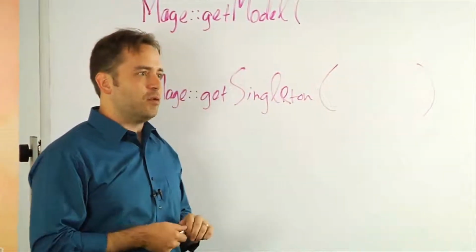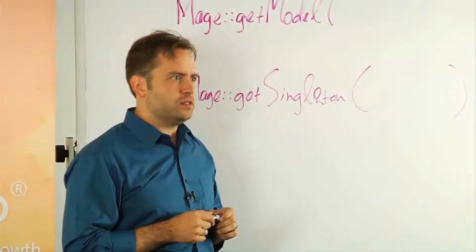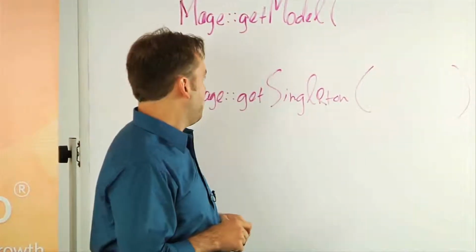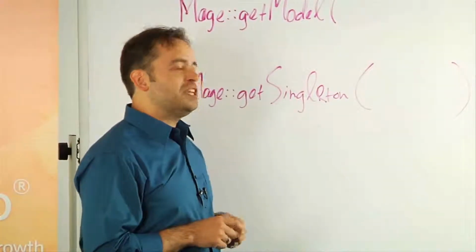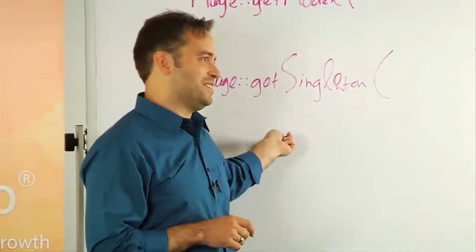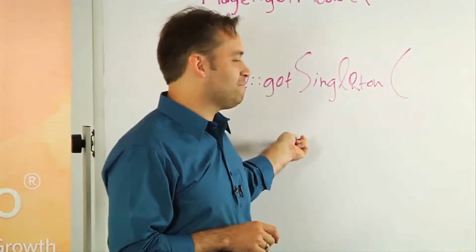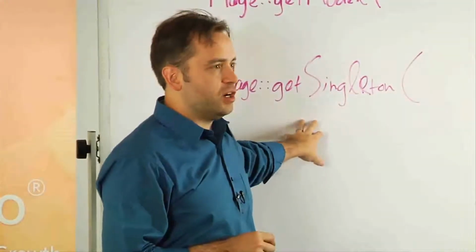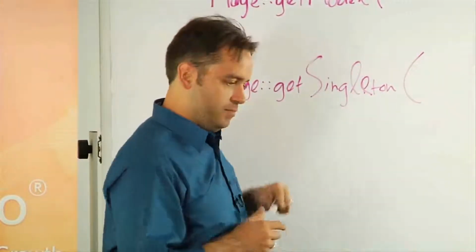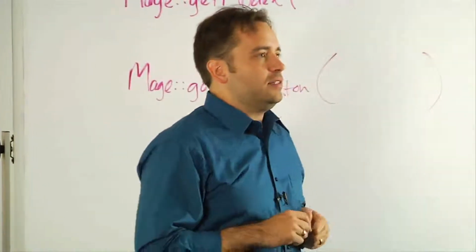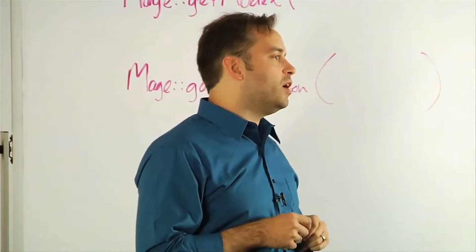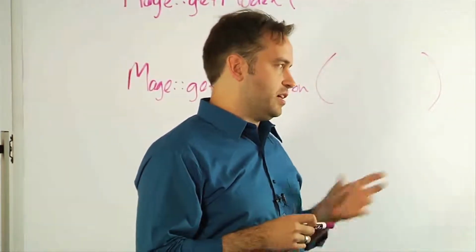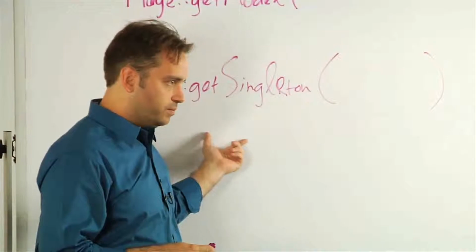So, everyone know what a singleton is? Anyone not know what a singleton is? Singletons in Magento are not like singletons in most other places. What a singleton is, again, part of the factory method, is just a means of getting, there should only be one of a particular object in a given execution scope if it's a singleton.